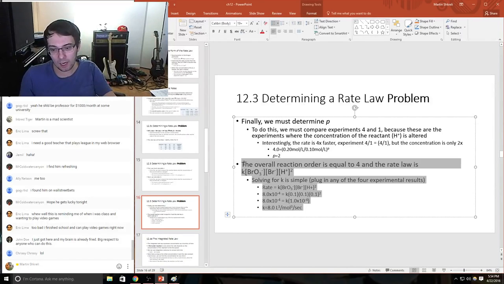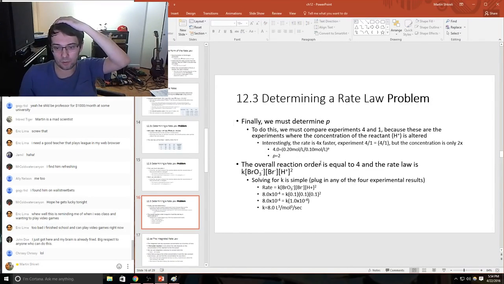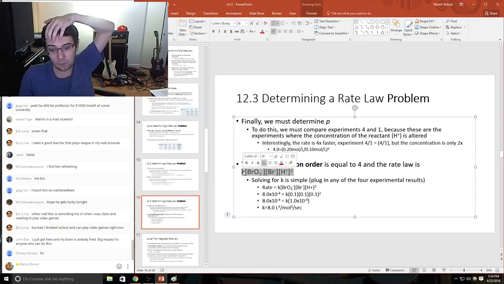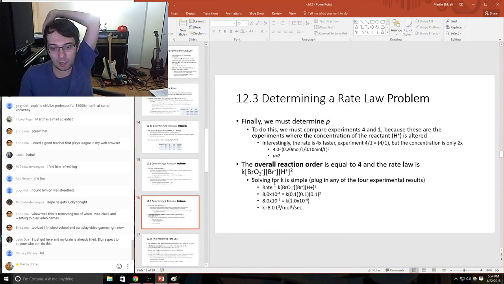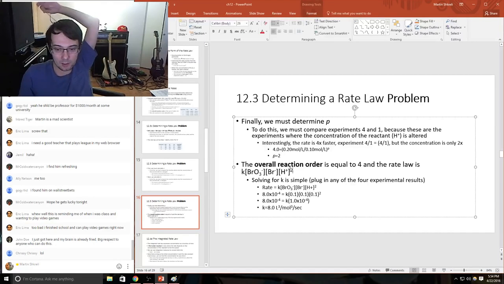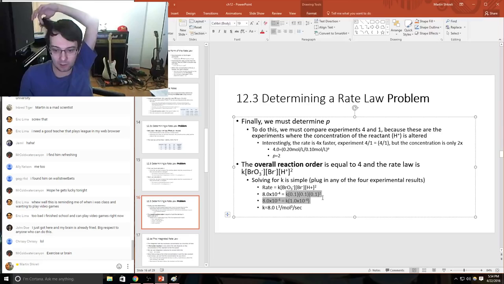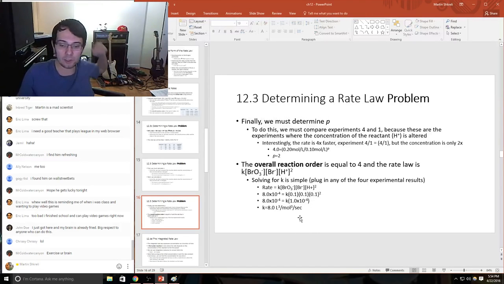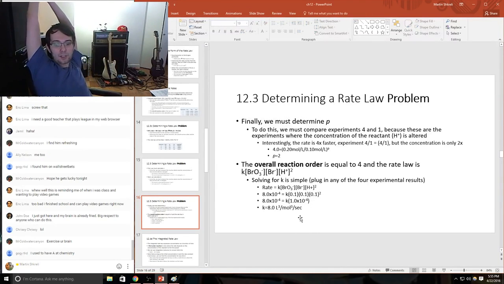Now we know the overall reaction order, which is just the sum of all the orders, is 4, but the rate law, more importantly, is k times bromate times bromide times proton to the second power. Solving for k is really easy. We can just plug in any of the values and divide to isolate k, and we can see k is always going to be 8.0 liters per mole per second.